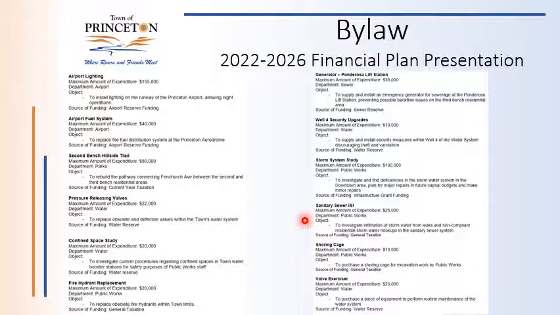Sanitary sewer investigation is, again, specifically downtown. To investigate infiltration of stormwater from leaks and non-compliant connections. So this is $25,000 to investigate residences to figure out.